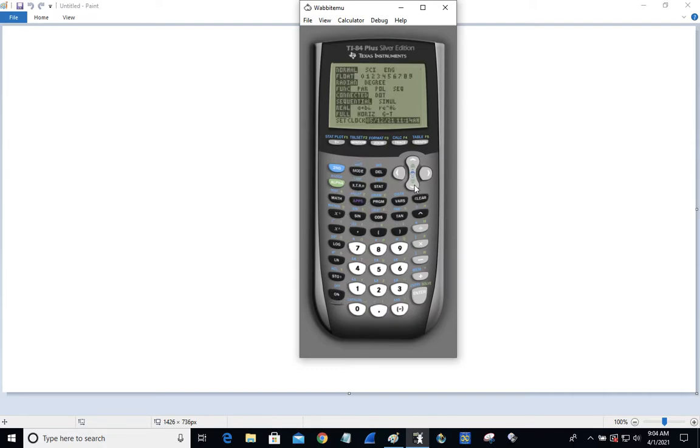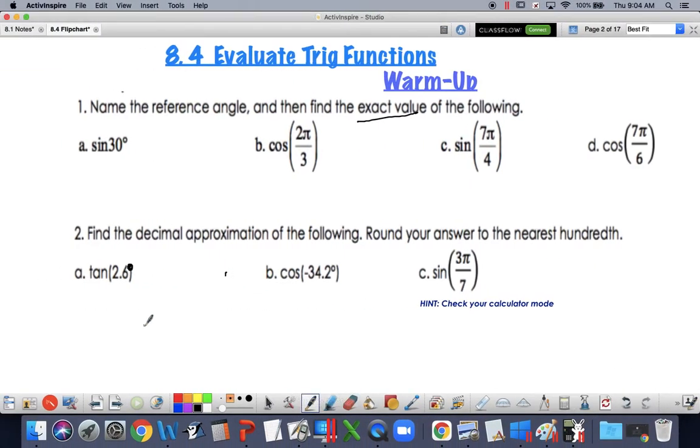So I go to mode, come down, make sure that degree is highlighted, clear out of here, and I just go tangent of 2.6. And I get 0.045. So I'm going to round that to the nearest hundredth.